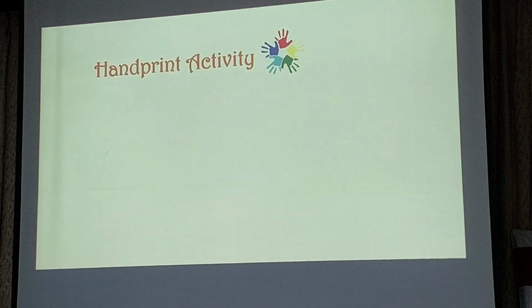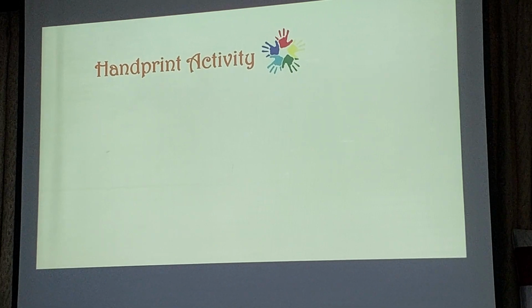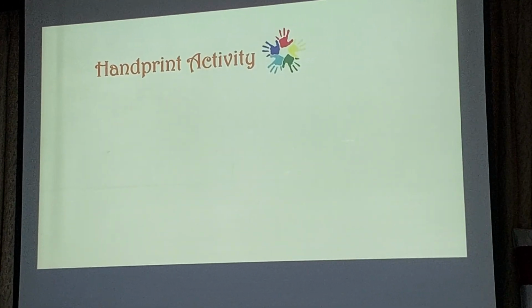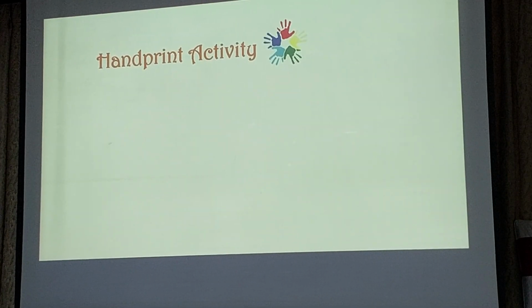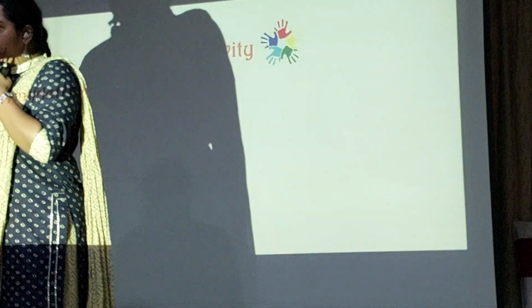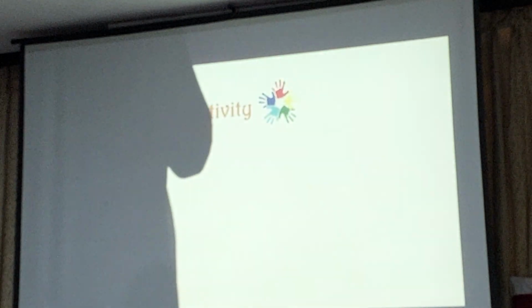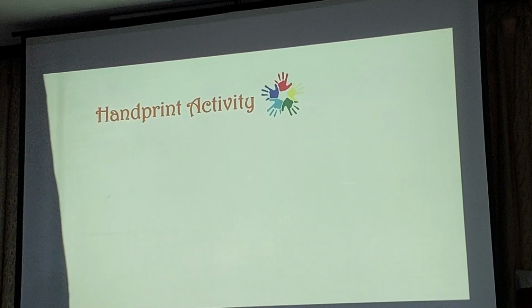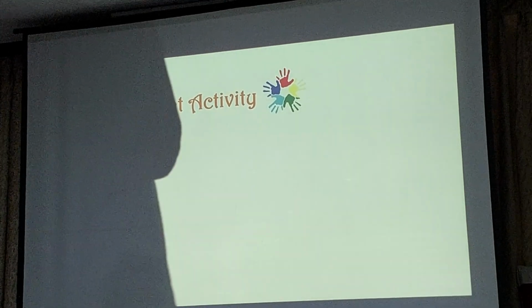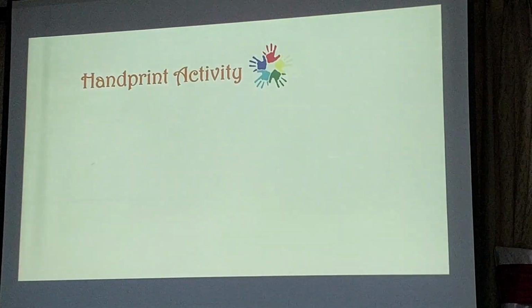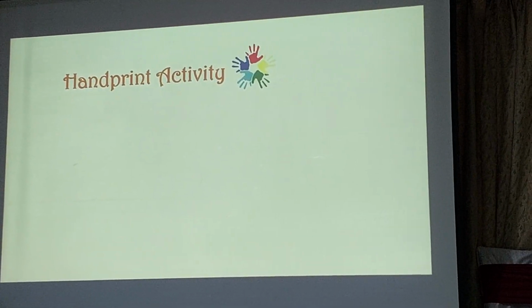So now it's the handprint activity. As I said, there was a calculator, but we are not able to use that right now. So what is the activity that I want you all to do? Even your previous batch did this activity. They put their handprint on the sheet, and they wrote one step that they will take to reduce their carbon emission, maybe planting a tree, or using public transportation instead of my private vehicle. They wrote their one action, signed it, and made a pledge.